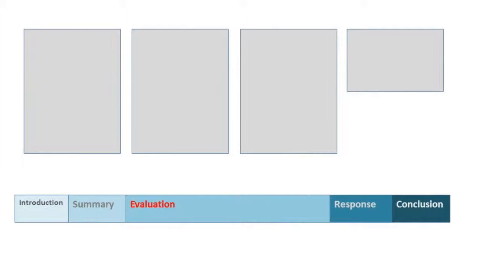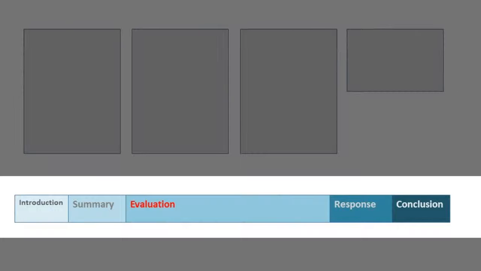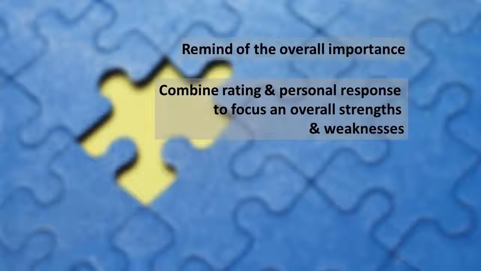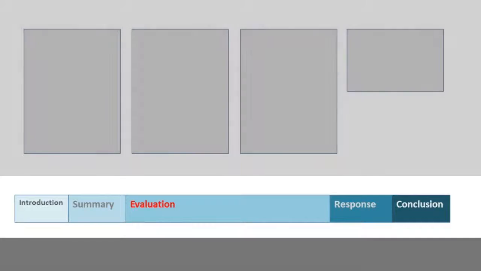And here I have an image of how you can divide your essay. Say, for the introduction you need this much, and for the summary you need this much, and the main part of your essay should take up the most space, and at the end you also have to give your conclusion.